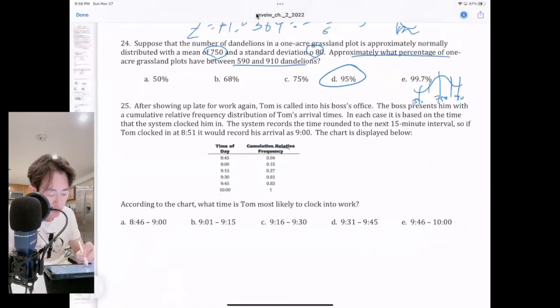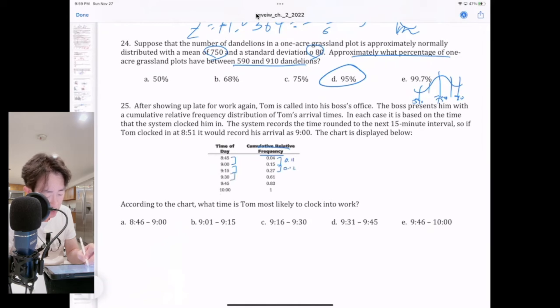Now, cumulative relative frequency means that, overall, for the time of day within the span of time, how much of the percentage is actually within those two boundaries. So for example, between 8:46 and 9 o'clock, that amounts to about 11% of the data. From 9:01 to 9:15, that's about 12% of the data.